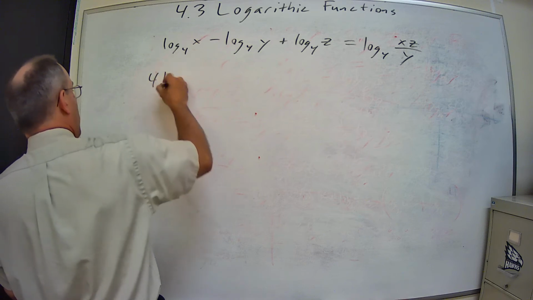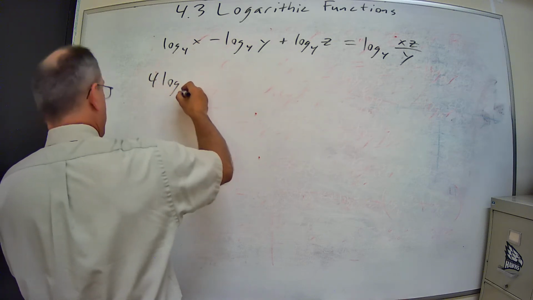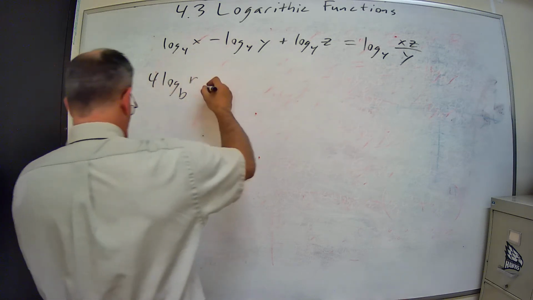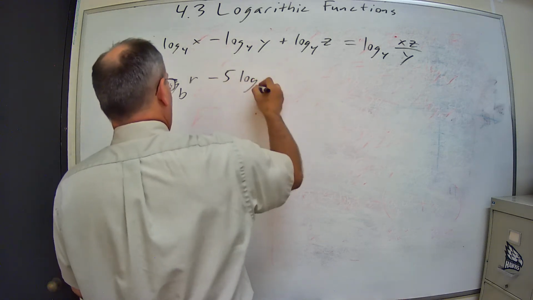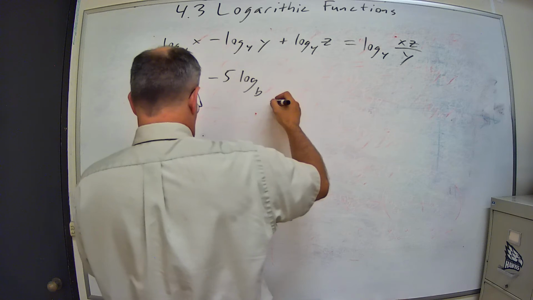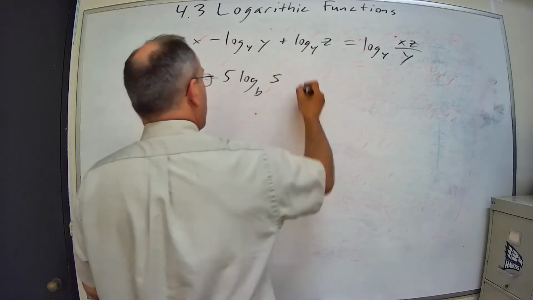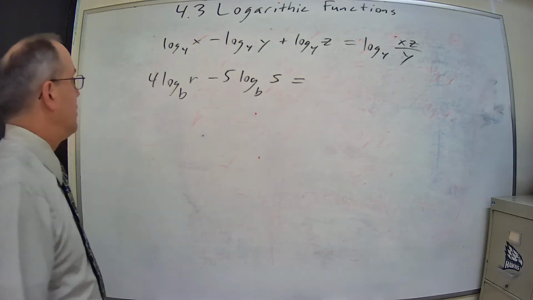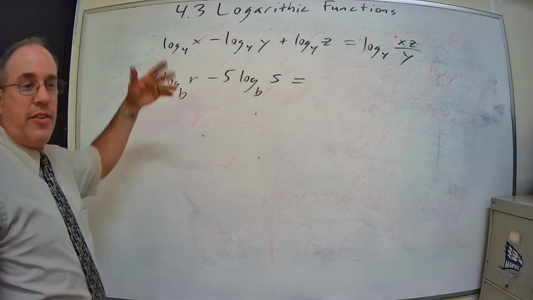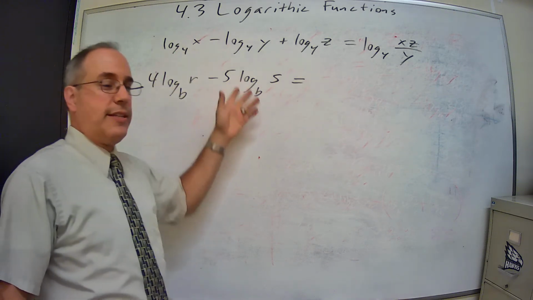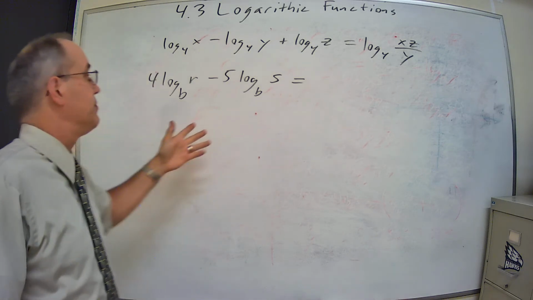How about 4 log base b of r minus 5 log base b of s? Well, now again, if it's positive, if it's being added, it's in the numerator. If it's being subtracted, it's in the denominator.